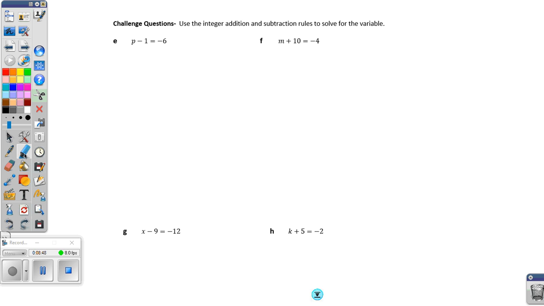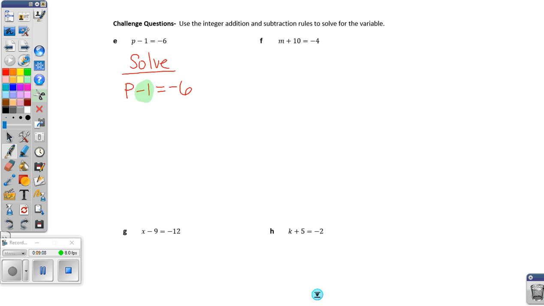So we have p minus 1 is equal to negative 6. So I'm going to solve. We're solving for the variable. We're trying to figure out what number p represents. So I'm going to use the inverse operation.